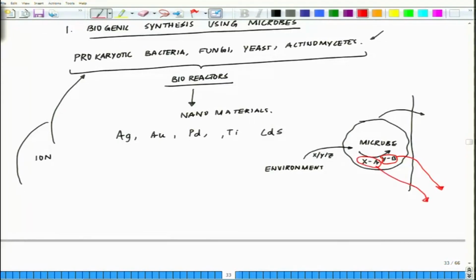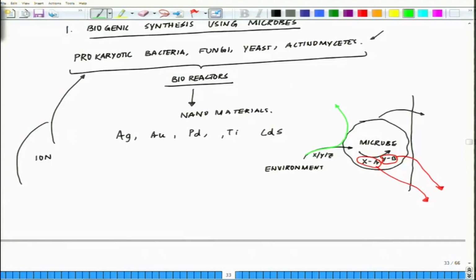Okay. Now, this is the basic outline of the process, but the synthesis could be classified into two levels. For example, I'll follow a different route strategy. It can happen at this level also, at the surface.